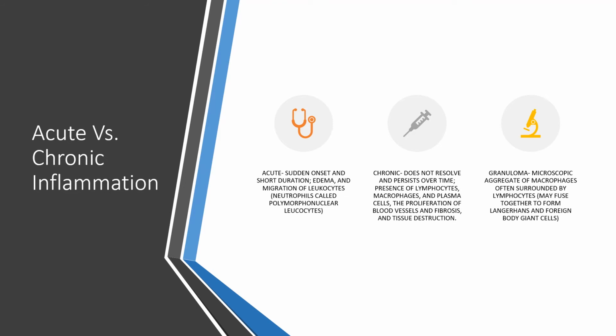So again, with the acute inflammation, we only have some of the very brief first responders coming, the neutrophils, the polymorphonuclear leukocytes, compared to the chronic inflammation when we have the macrophages, lymphocytes, and plasma cells. And we're going to talk about how the plasma cells release antibodies to protect our body from antigen invasion.